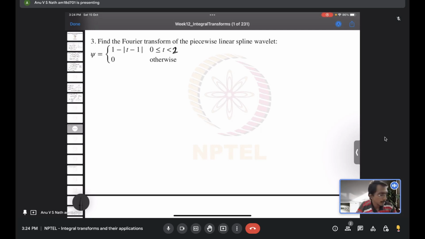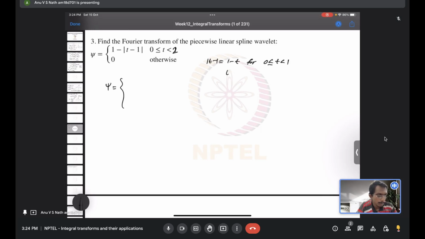So I hope this is easier for you to do, because it is the piecewise linear spline. Now it is a piecewise function, but still you can split it again. When t is from 0 to 1, the mod of t minus 1 will become 1 minus t, for 0 less than t less than 1.